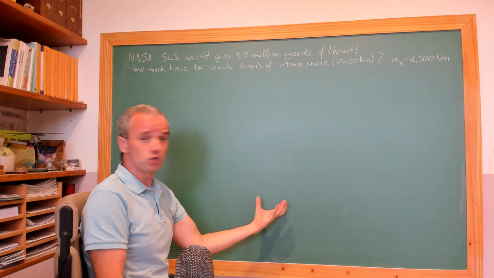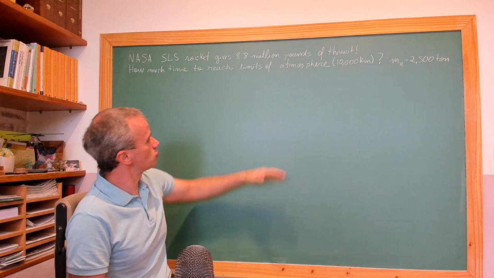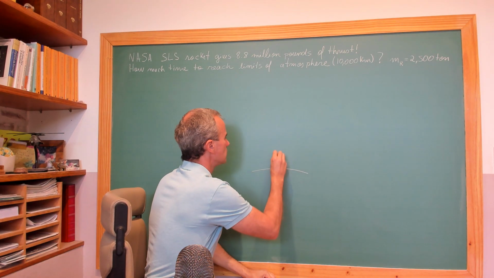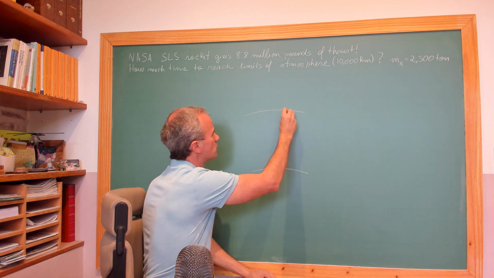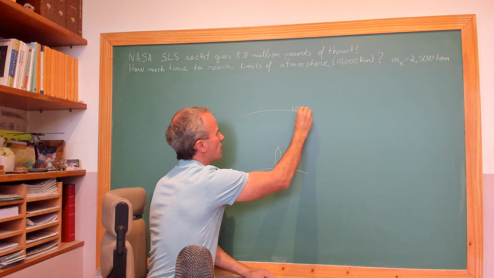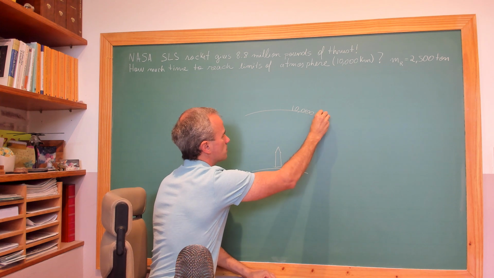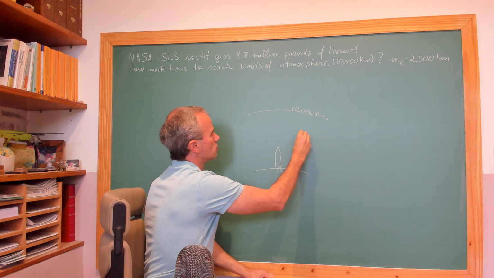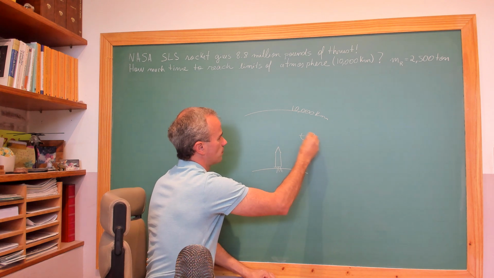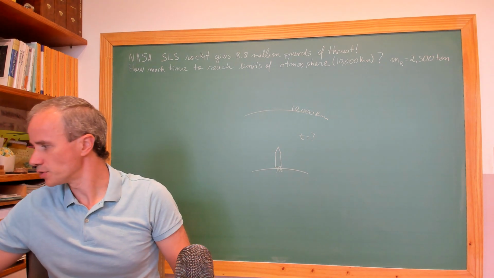This rocket is going to go up, and I want to know the time it takes to reach the limits of our atmosphere at 10,000 kilometers. This is the rocket engine. Okay, this is what we're going to do.